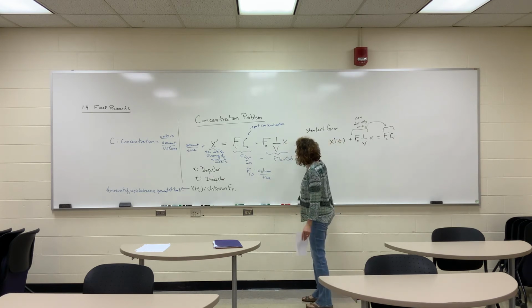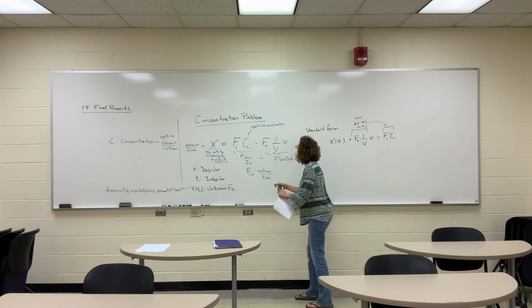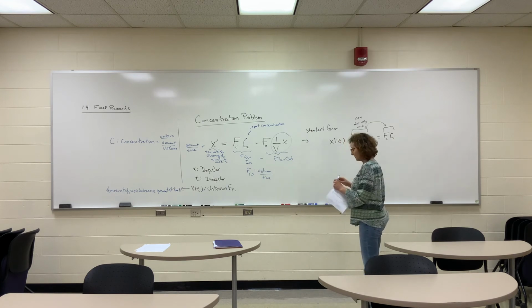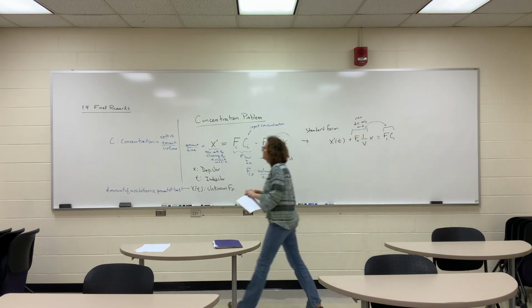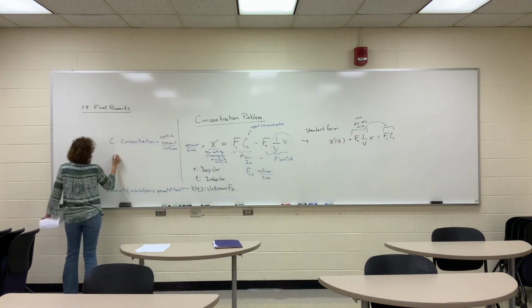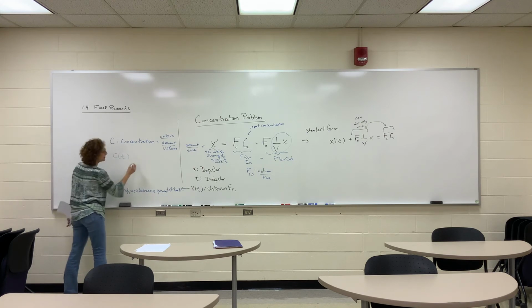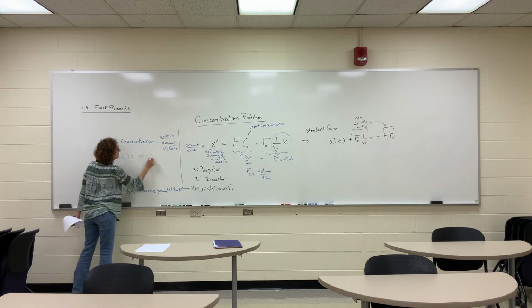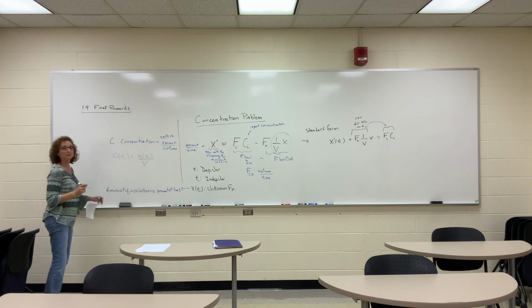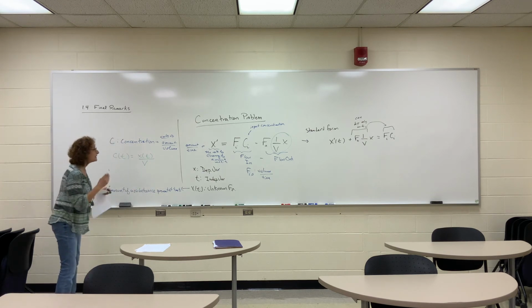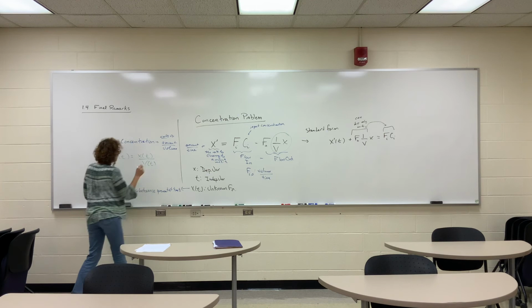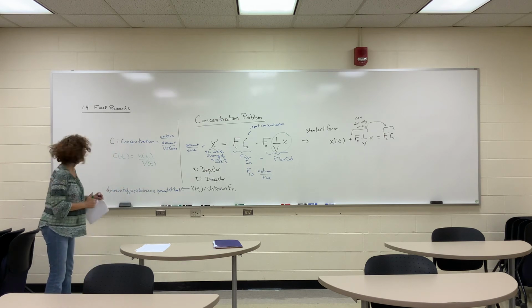And then what do I have right here, right? This, okay, X over V, well, that is concentration at any time t. The concentration at any time t is the amount at any time t divided by the volume, okay?